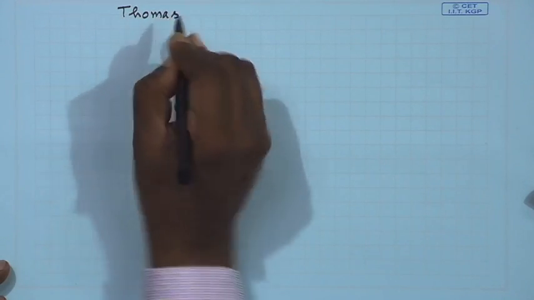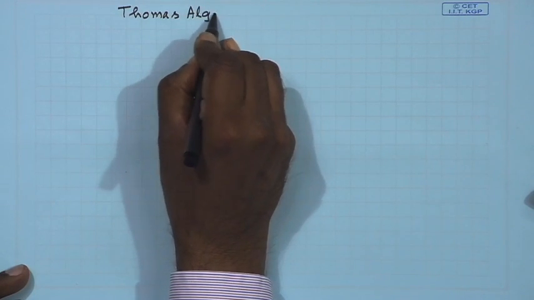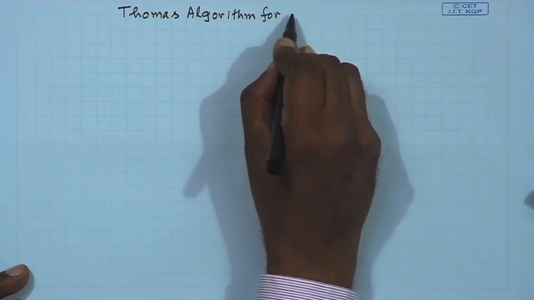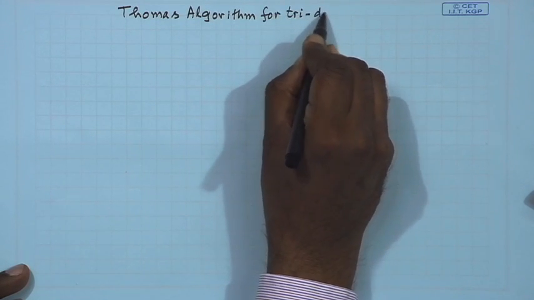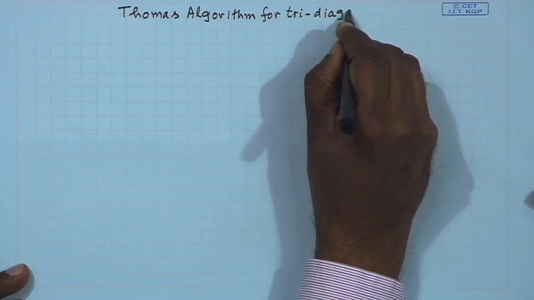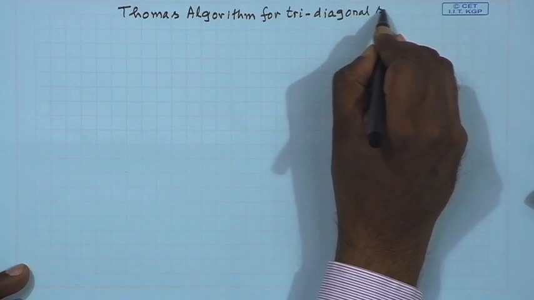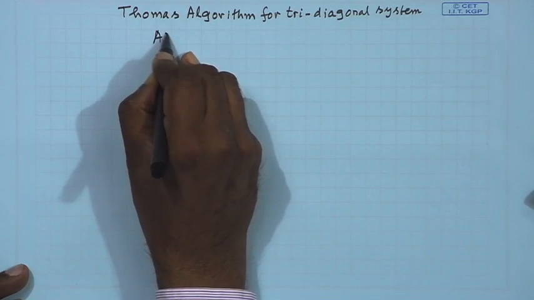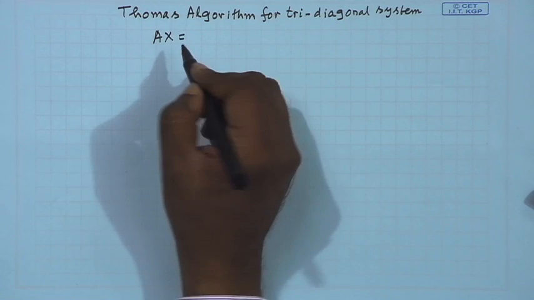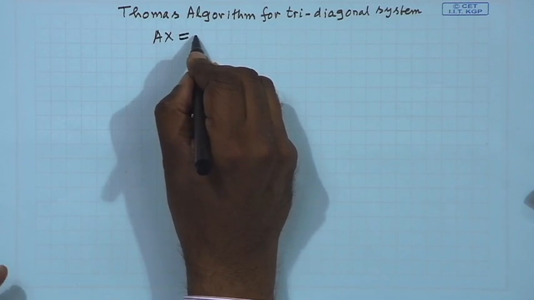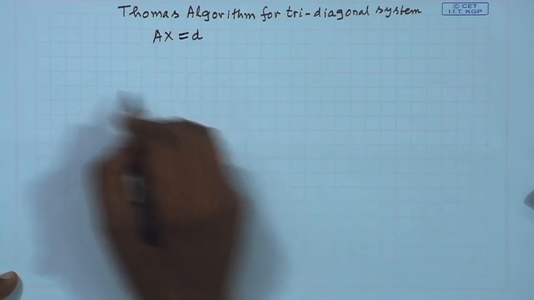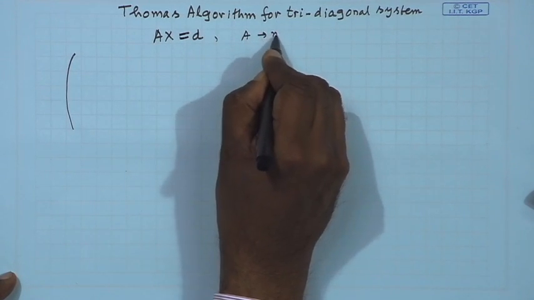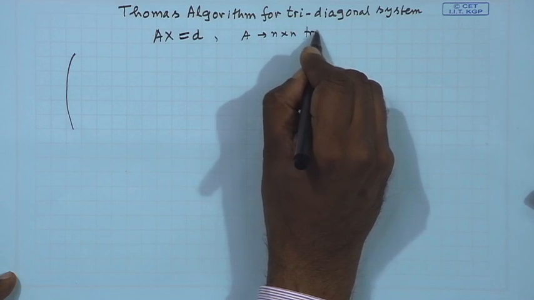This is called the Thomas algorithm for a tridiagonal system, Ax equal to d. So, in general, let us call A an n by n tridiagonal matrix.